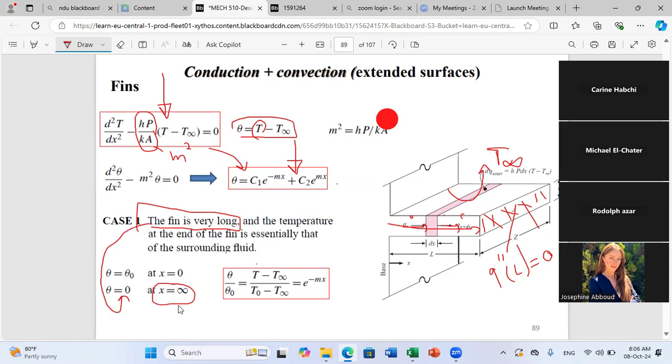Now, if we apply this condition here, so we put 0 equal to, when I consider x tends to infinity, then this term will drop.